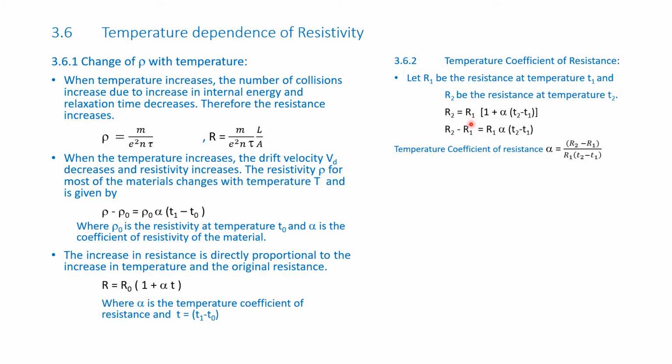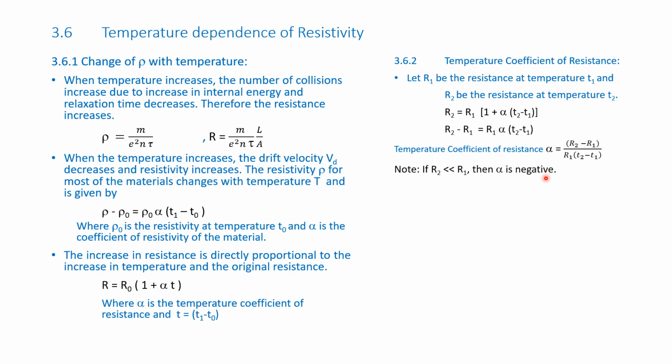Therefore, we can write R2 minus R1 equals R1 into alpha into T2 minus T1. We keep alpha on one side and all other parameters on the other side. Therefore, alpha is equal to R2 minus R1 in the numerator, and in the denominator R1 into T2 minus T1. So the temperature coefficient of resistance is alpha equals R2 minus R1 divided by R1 into T2 minus T1.